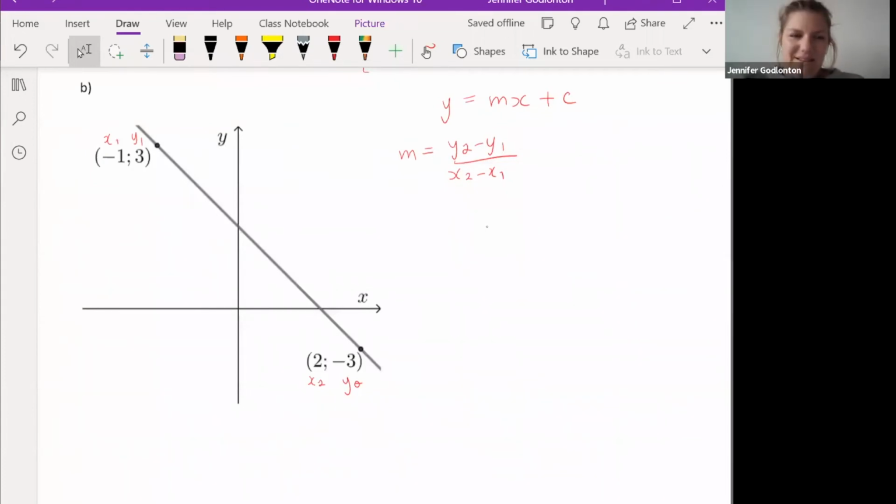The answer would be m equals 2. Okay, so how did we get that? What did you do in this equation? I had -3 minus -3, and then over 2 minus -1. Did you put that -1 in a bracket?